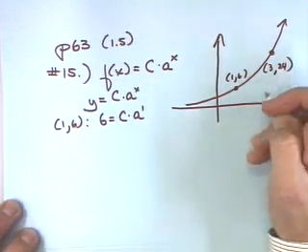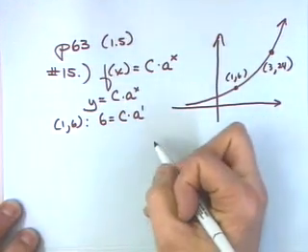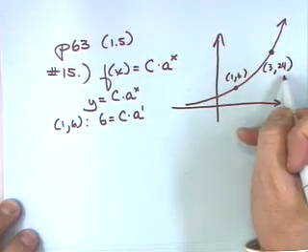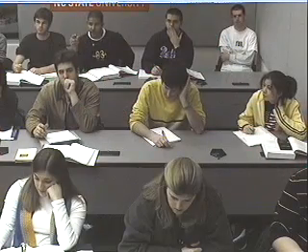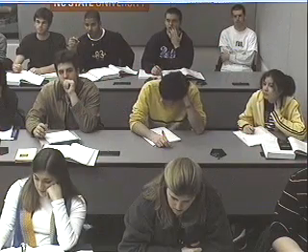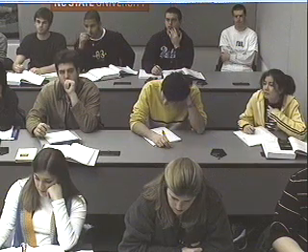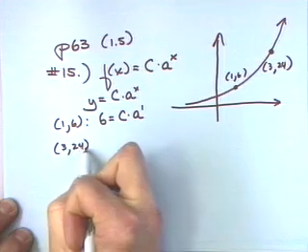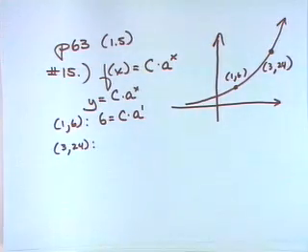Well, I solve for c, then you know what c is. Then you take the other equation, and I did the same thing except I replaced c with 6 over a. Okay. So you plugged in 3 and 24? Yeah. Okay.